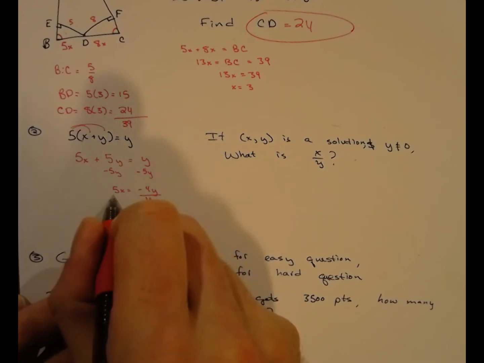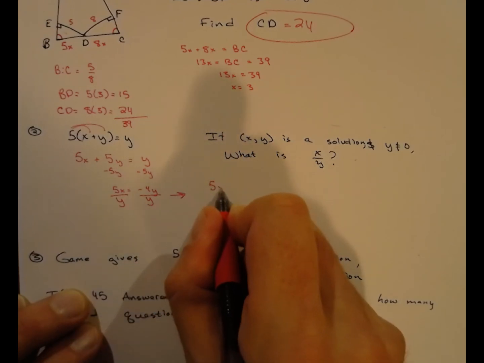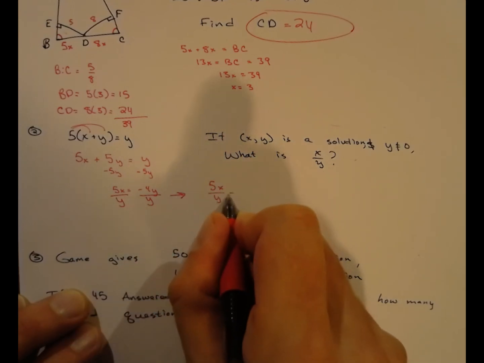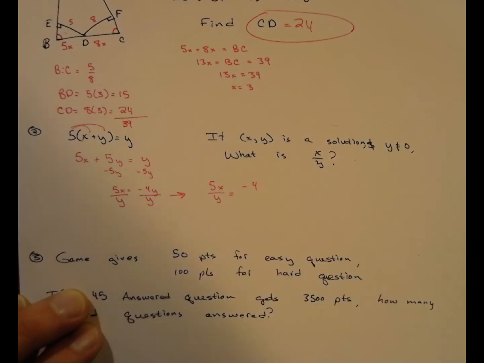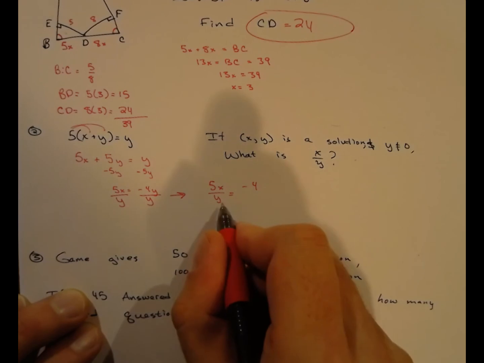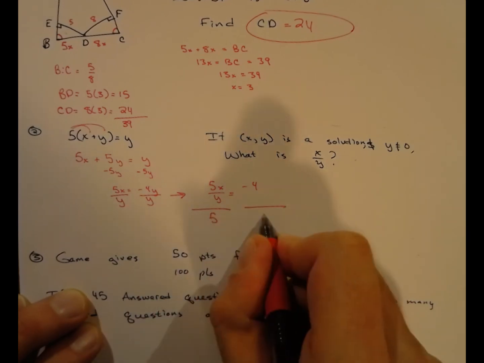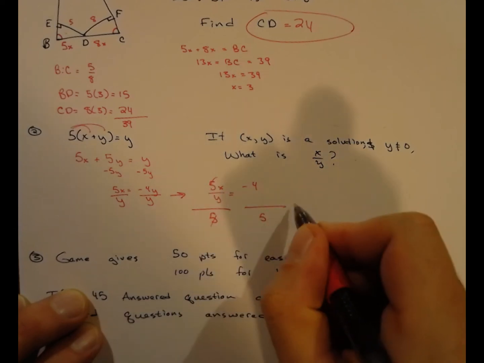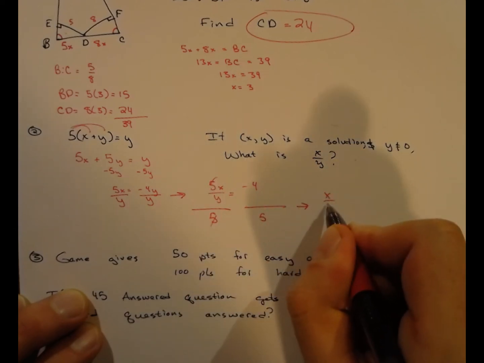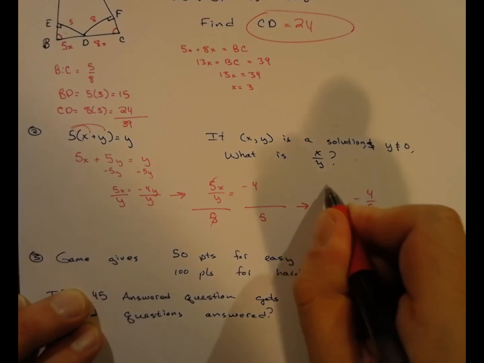We'll just divide by y, and that gives us 5x over y equals negative 4. But we want x over y, so now we can basically divide both sides by 5. And that gives me x over y equals negative 4 over 5.